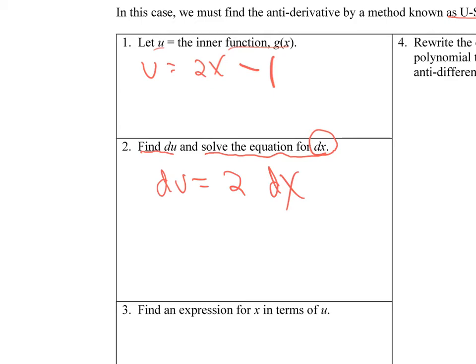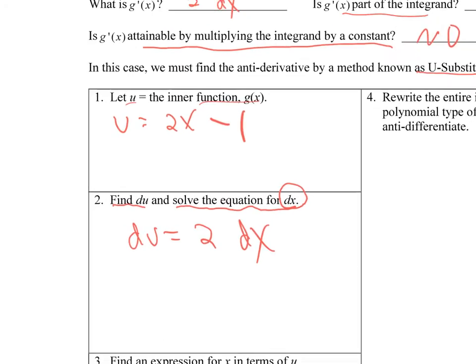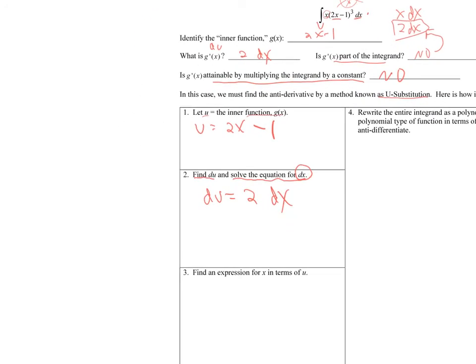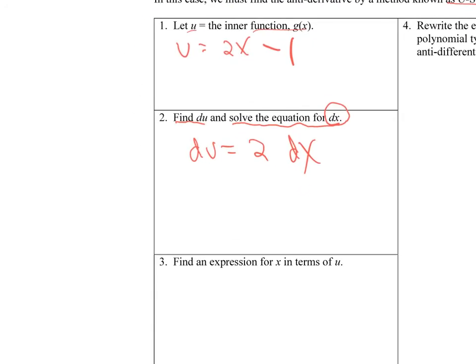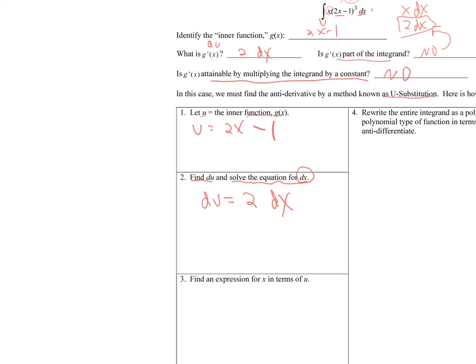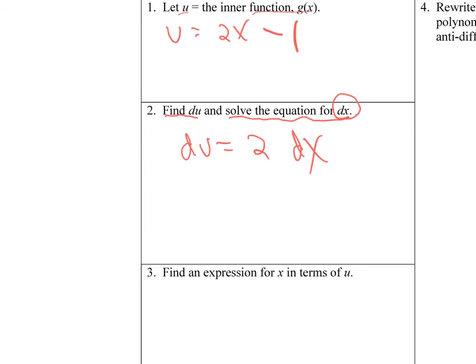He went one step further because it was obvious that I didn't have a u du in there and I couldn't make it. Since I couldn't make it, we have to go a step further. We're going to turn this whole equation into nothing but u's and du's, but I can't right now because of the extra x. So why don't I take this du is 2 dx and solve it for dx then? And I find out that dx is really equal to du over 2.